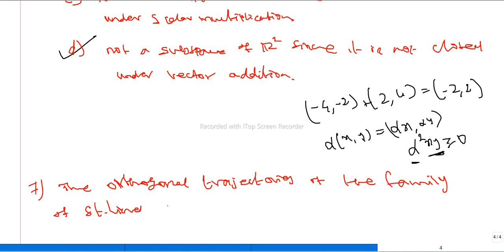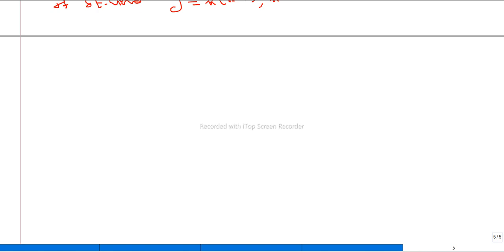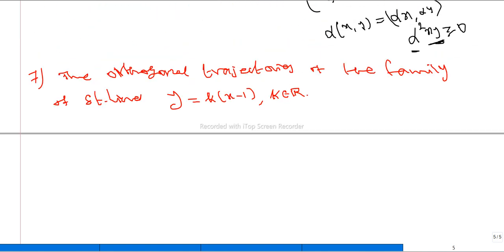What is a straight line? The family y equal to k times x minus 1. Here k is any real number. That's why it's a family. If k varies, we will get so many line equations. That is a family. We have to find the orthogonal trajectories.